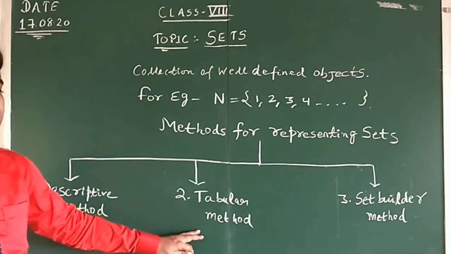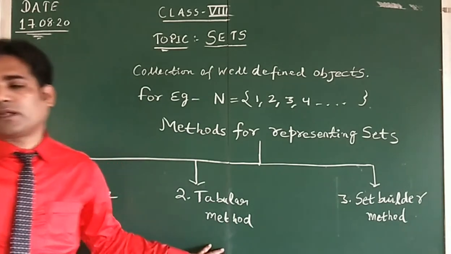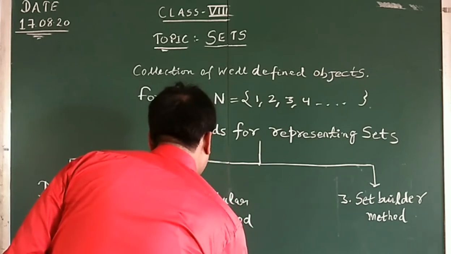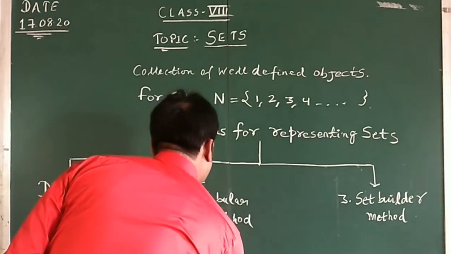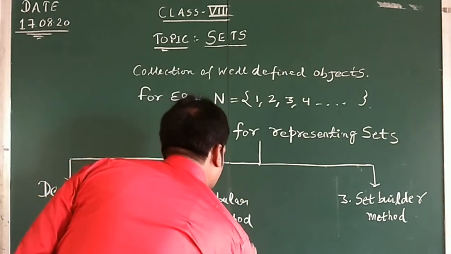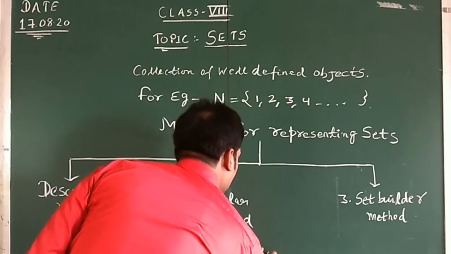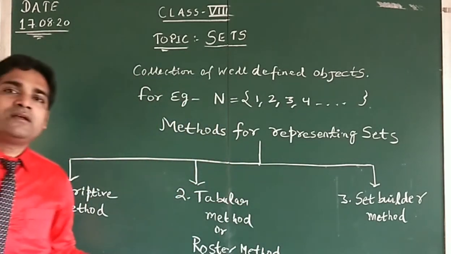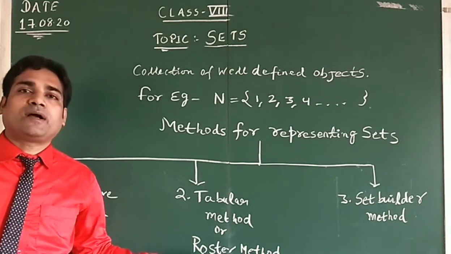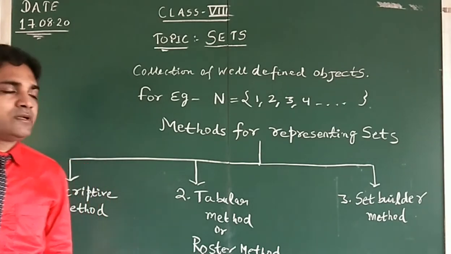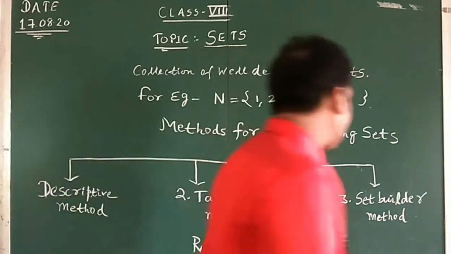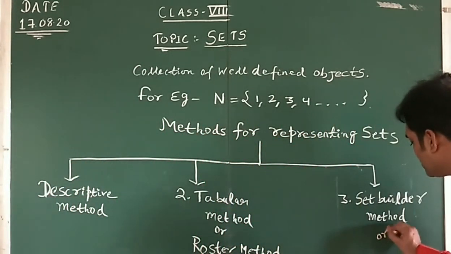And the tabular method we sometimes call the roster method also. In this method, we write the numbers and put a comma between every two numbers. And the last is the set builder method, or we say the rule method also.